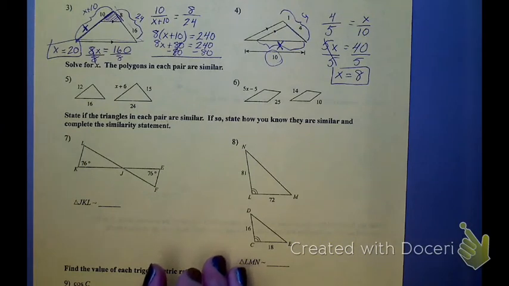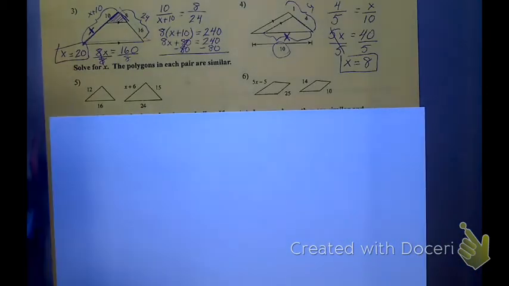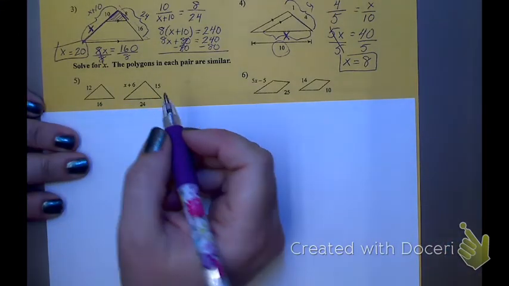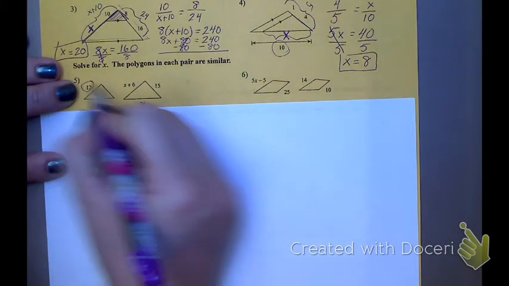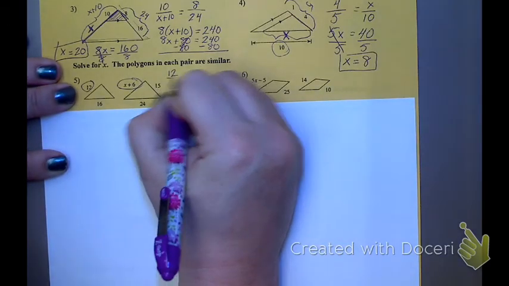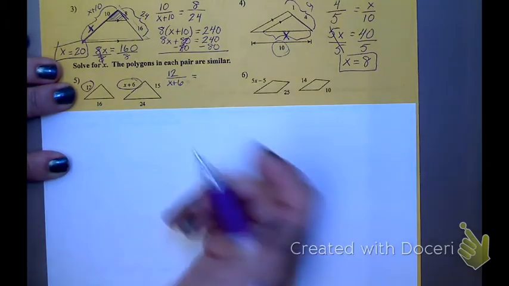All right, solve for x. The polygons in each pair are similar. Now I'm just going to go ahead and get a new piece of paper here because I know I'm going to need more room to write. Now if they are similar, I should be able to set up fractions. So in other words, I should be able to put 12 over x plus 6, and set it equal to another fraction of corresponding sides.